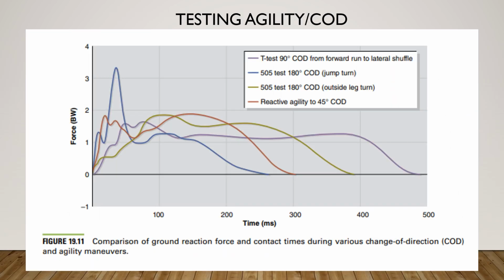And just to illustrate how the scale of change of direction and technique used can influence the force that then plays through the body, we look at this figure here. We can see that for a 180 degree change of direction in a 505 using a jump turn, we get a higher absolute force peak going through the body, over 3 times body weight, but then we get a shorter overall ground contact time because of that technique, compared to if we, for example, use the outside leg turn for the 505 test, again a 180 degree turn.